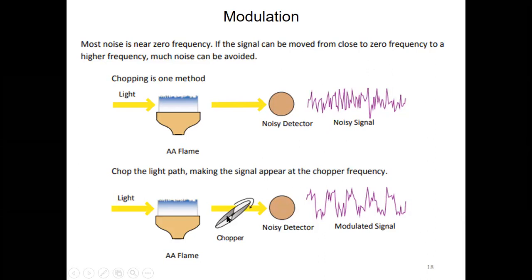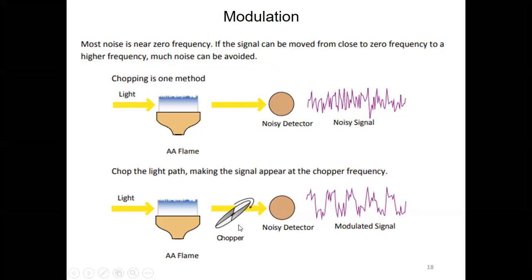Right? So this is a kind of rotating thing, and when it rotates, it will cut certain parts of the light, and it will allow certain parts to go through to the detector. You can imagine, suppose it is a circular thing with two openings like this, and the rest is some hard material that light cannot pass through.